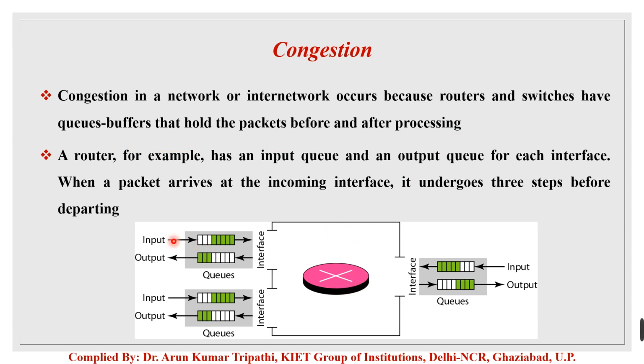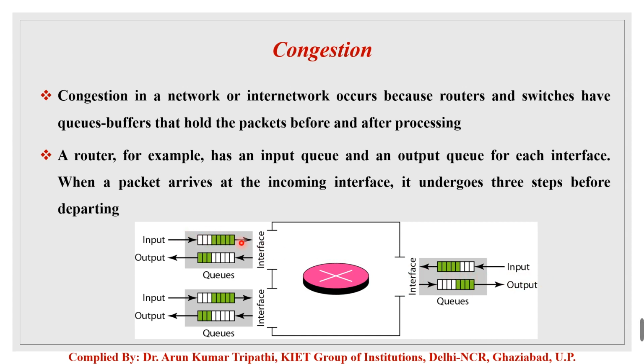For example, a router has three ports, and each port has one input queue and one output queue. The packet coming from a particular network or host is put into the input queue, and after processing, the route is decided and it is put into the output queue.